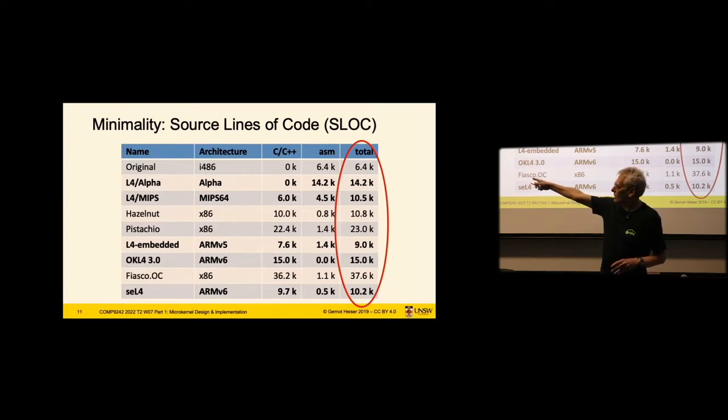The outliers are the Fiasco kernel, which is significantly bigger and supports too many APIs, and our L4 embedded kernel on the other side, but that was reduced functionality, so that's not a complete general purpose kernel, unlike the others here. And then we're back to about 10,000, give or take.